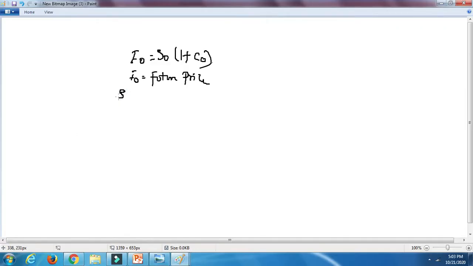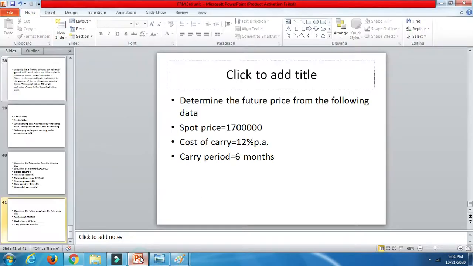SO is nothing but the spot price. CO is nothing but the carrying cost. So how much has he given you as carrying cost in the question?